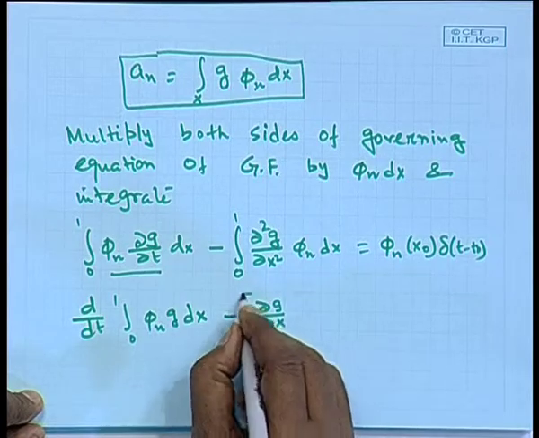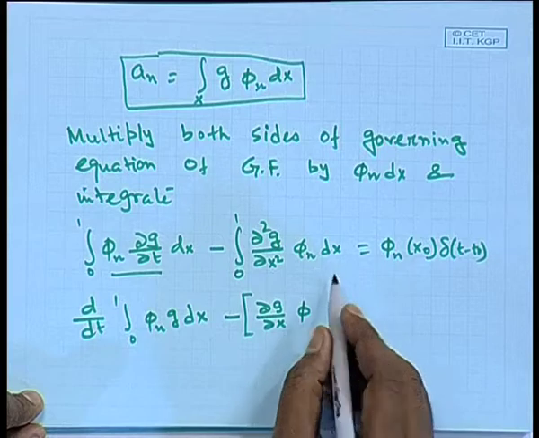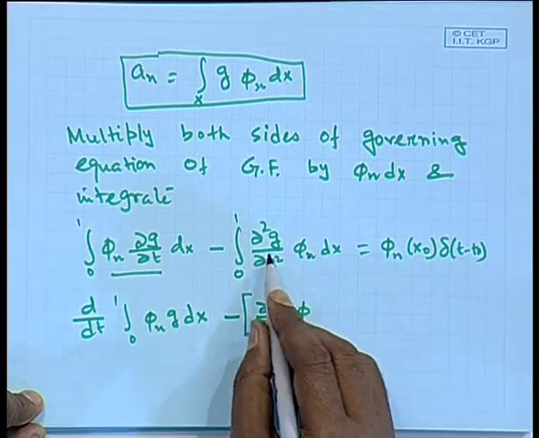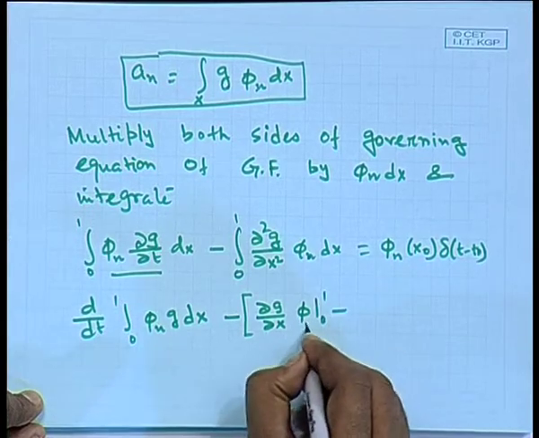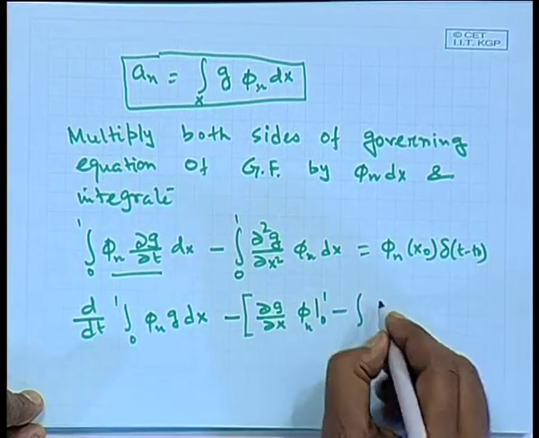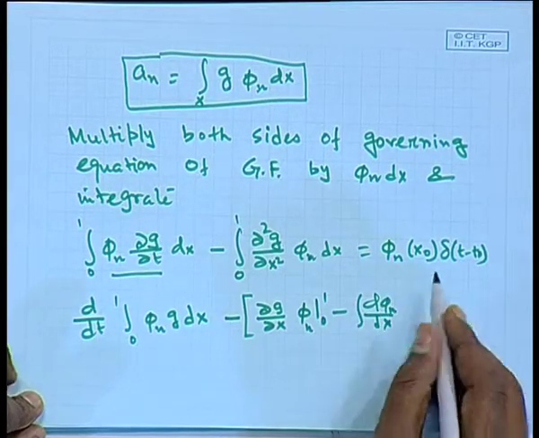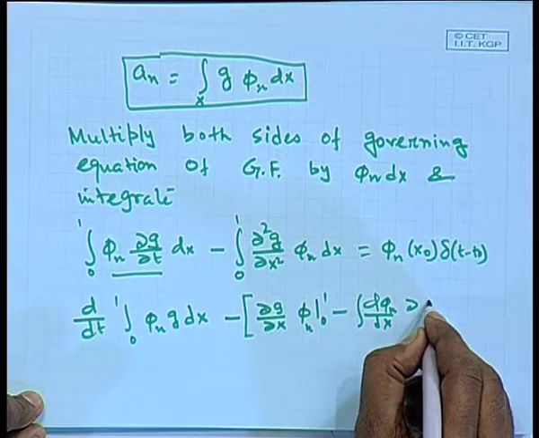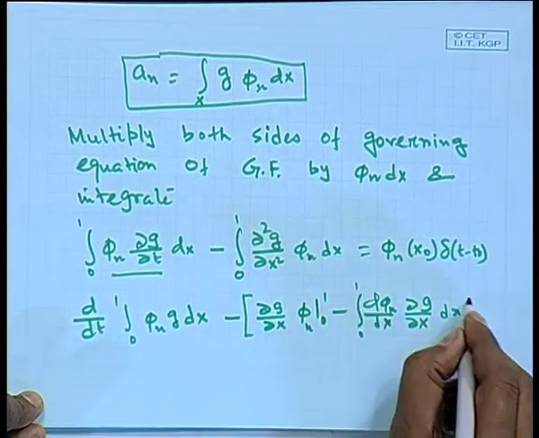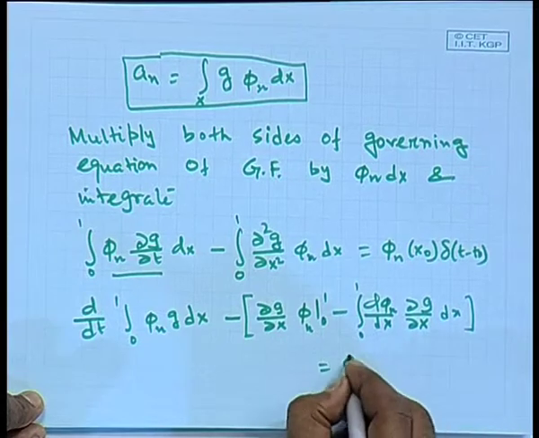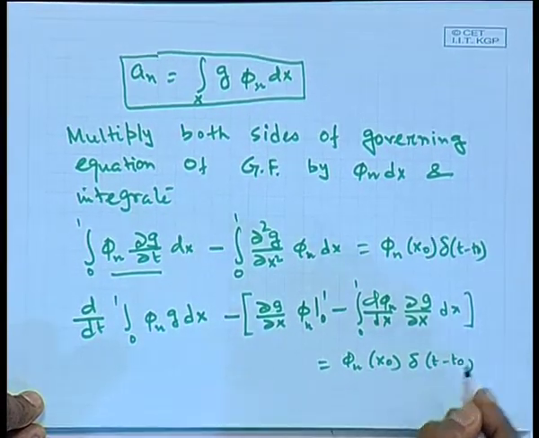del g del x, first function, integration of the second function, phi n is the first function from 0 to 1, minus differential of first function, that is d phi n dx, integration of the second function, that is del g del x dx from 0 to 1 is equal to phi n x naught delta t minus t naught.